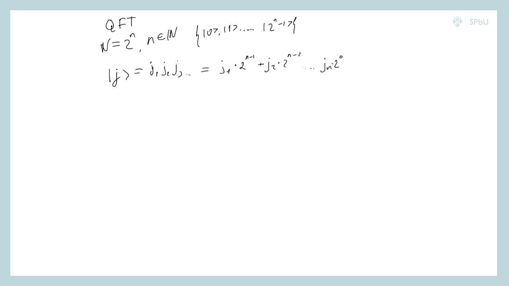And we also could introduce binary fractions that have the form 0.j1 j2 j3 to jm, which is j1 divided by 2 plus j2 divided by 4 plus etc. jm divided by 2 to the power m.